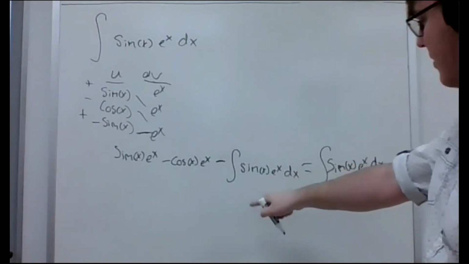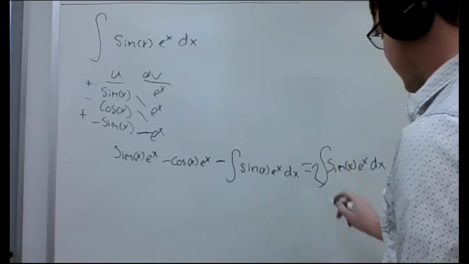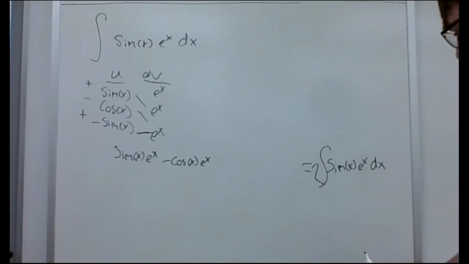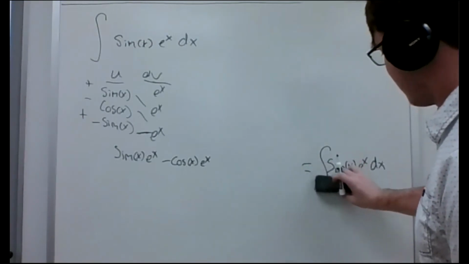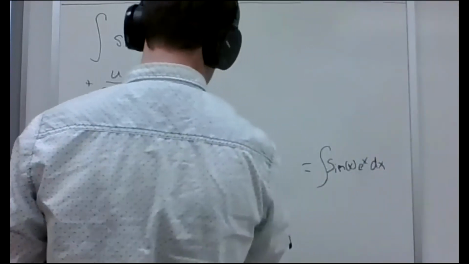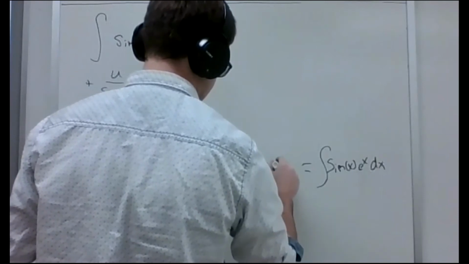And then we can just say, well, this term and this term are the same, so we're going to combine them. We're going to say we have 2 of this and get rid of this. Wait, wasn't one of them negative? Well, we moved the negative out. So we had this plus a negative sine x e to the x dx.